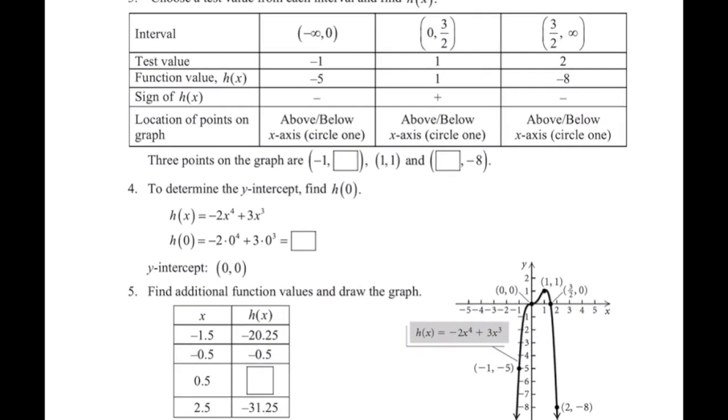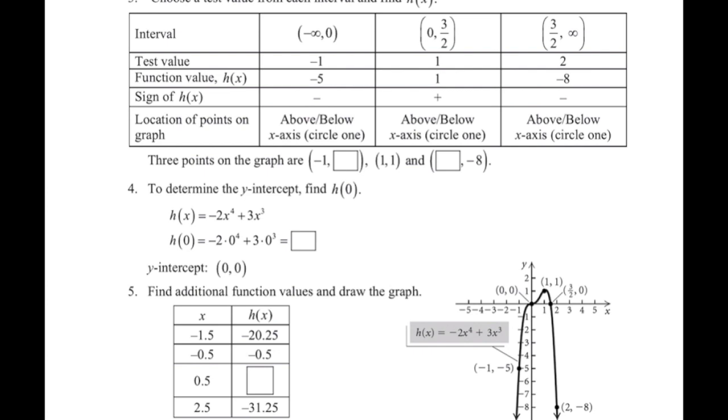So we had our intervals here: from negative infinity to 0, from 0 to 3 halves, and from 3 halves to infinity. We need a test value in each one of those intervals, and it could be any value, so that we can determine if the sign is positive or negative. I'm going to choose a nice easy value.